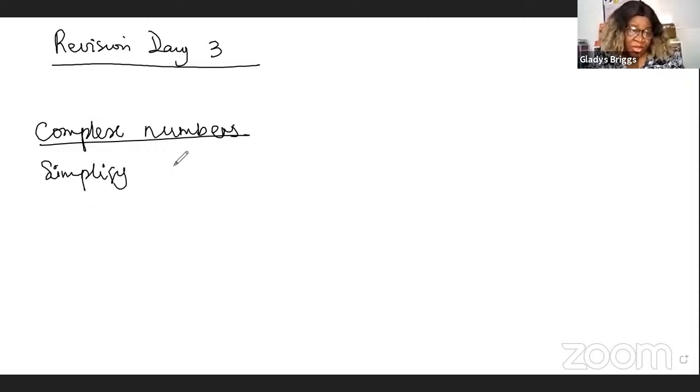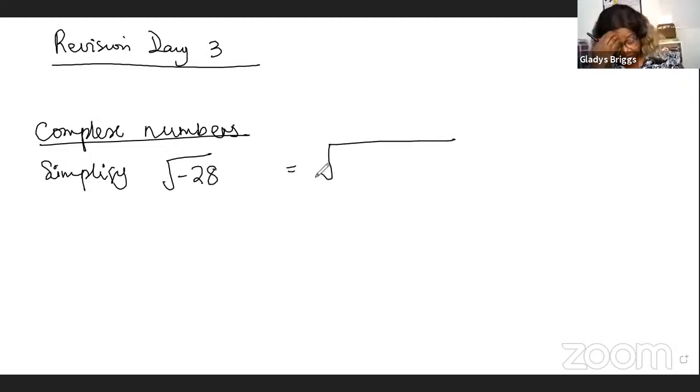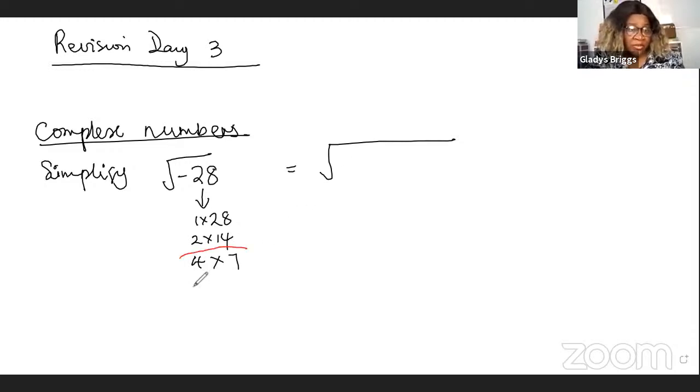Yeah, simplify the square root of negative 28. If it says to simplify the square root of negative 28, you know that the square root of negative anything includes i, don't you? So let's rewrite this one as a product of factors. I'm thinking about the factors of 28 here. I know that 1 times 28 is a factor, 2 times 14 is a factor, and 4 times 7 is a factor. But I'm going to choose this one because I know that this one can become square root of 4, which is going to give me 2. So I can choose that one.